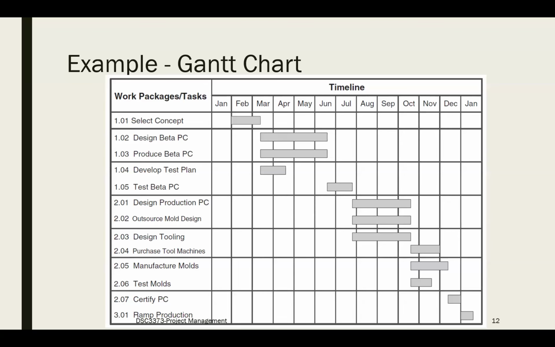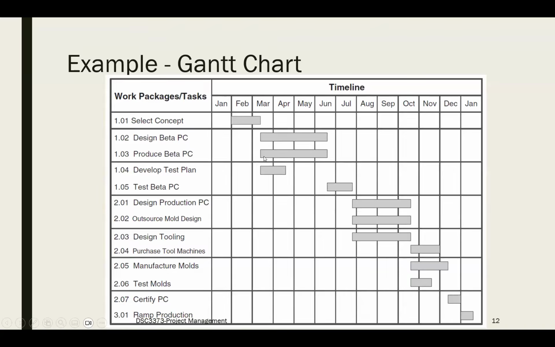So for example, if we look at the first one, we have select concept, then we have design beta PC, then produce beta PC. Select concept, we can see, is bound to end somewhere in the middle of March. And then the design and production is going to start after that.